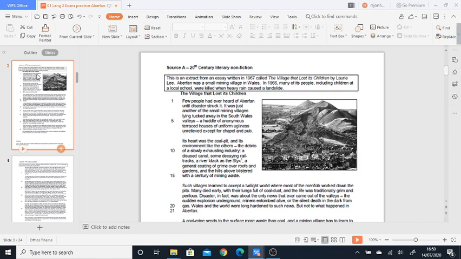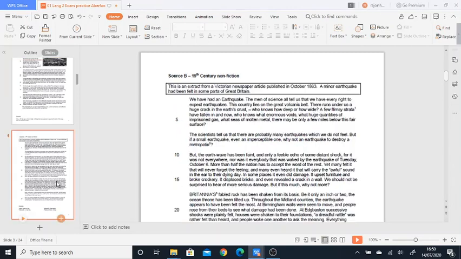And if we look at the evidence, right from the first paragraph, it says few people had ever heard of Aberfan until disaster struck it. And in source B, if we look at the second paragraph, London is described as a metropolis. Okay, so there's the two pieces of evidence. What can we say about it that's interesting then?